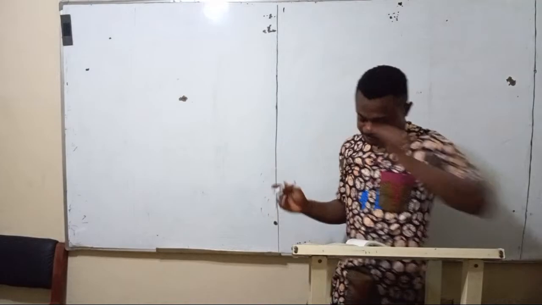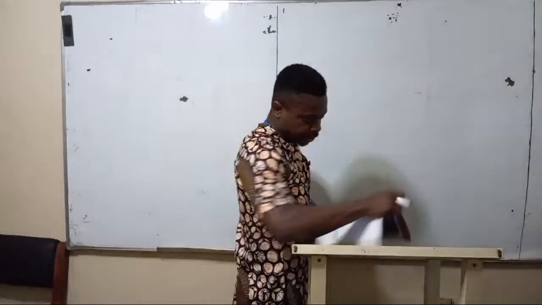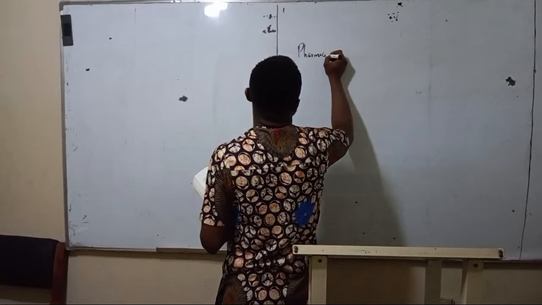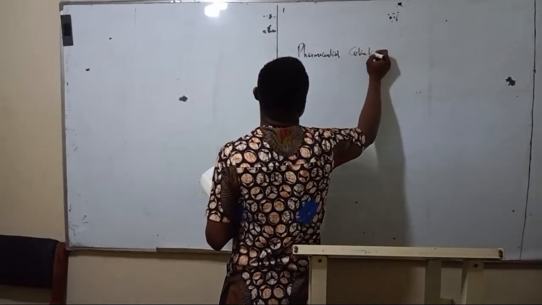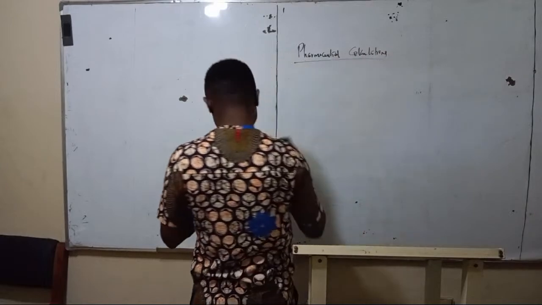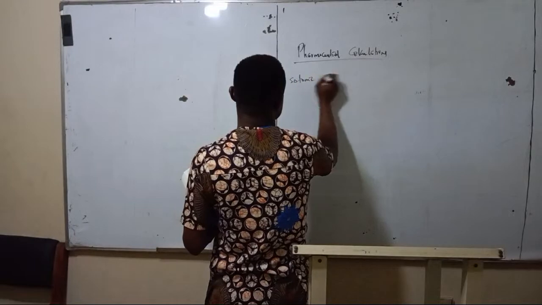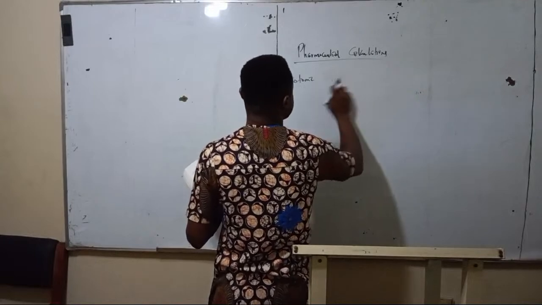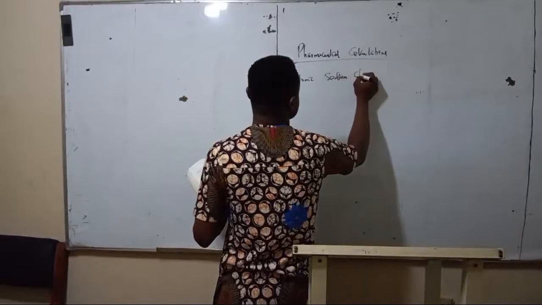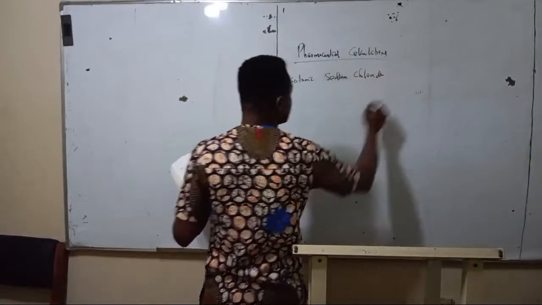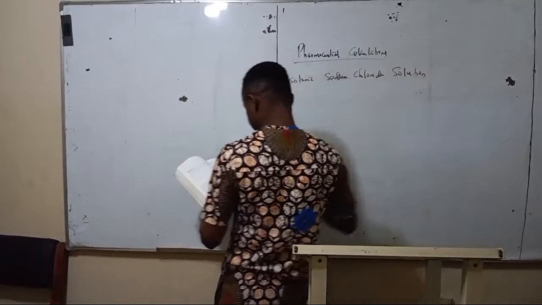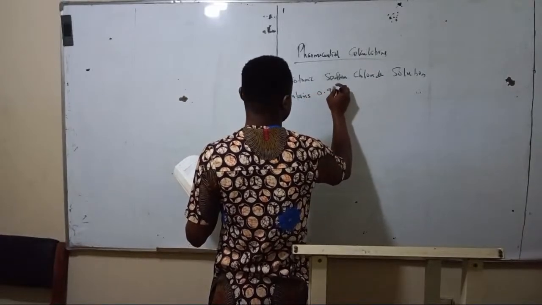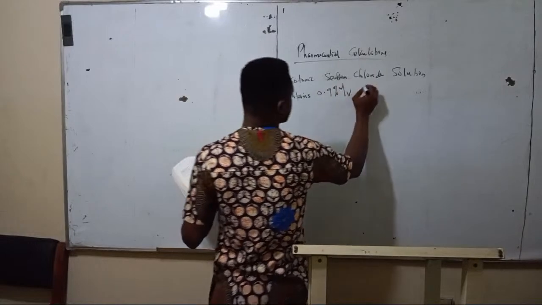The question says, an isotonic sodium chloride solution contains 0.9% weight in volume sodium chloride.